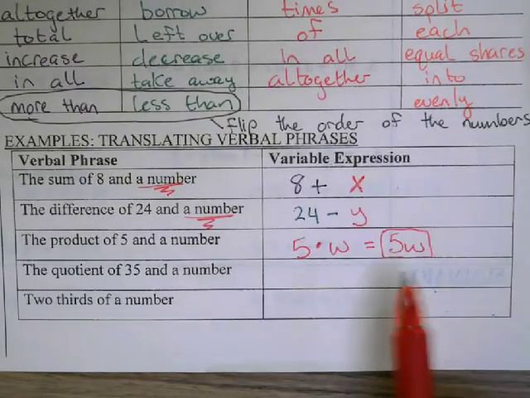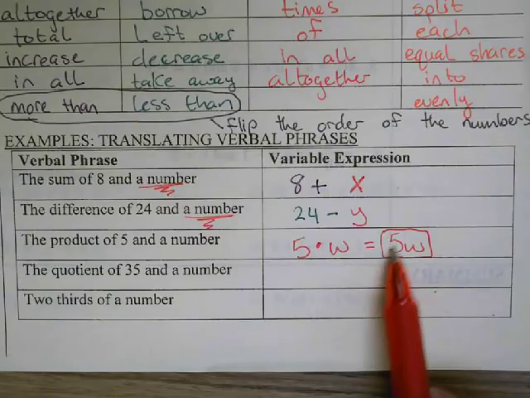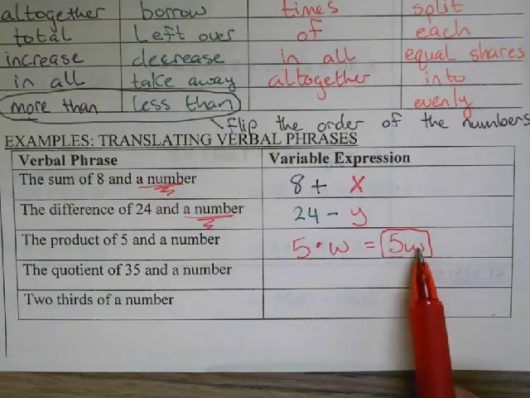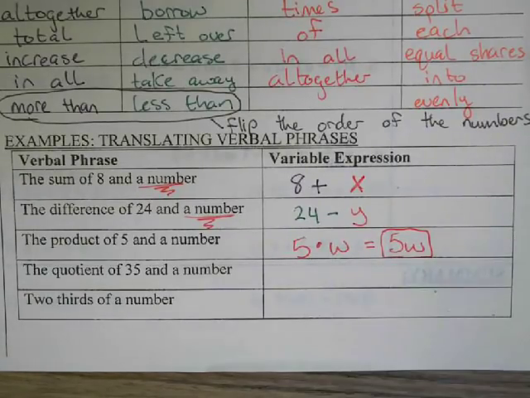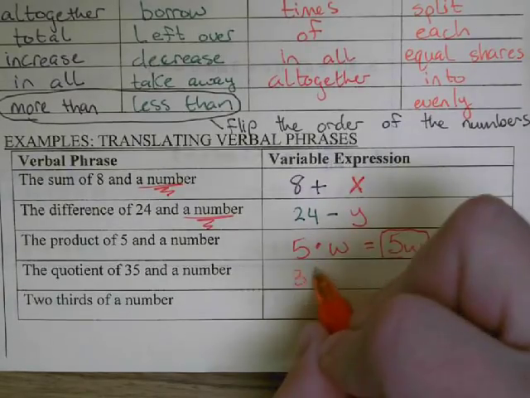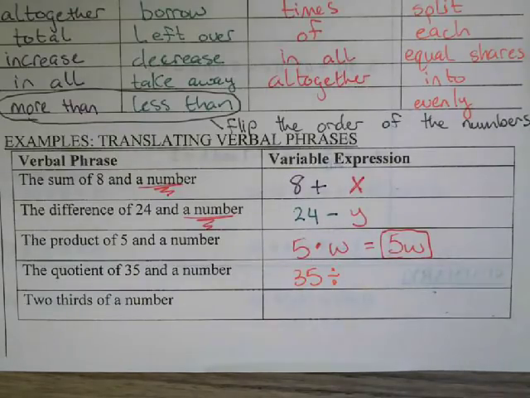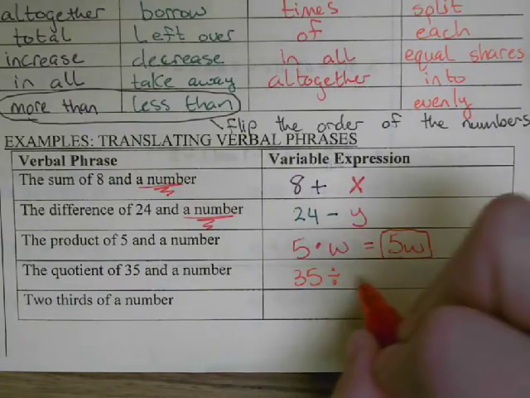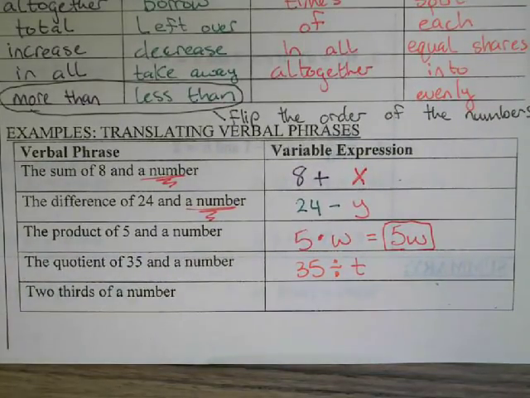So when you see a coefficient, the 5, next to a variable, the letter w, this is multiplication. 5 times w. Okay, next we have the quotient of 35 and a number. So 35 divided by a number, let's use t. 35 divided by t.